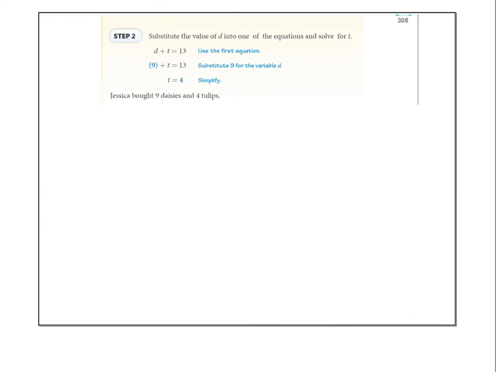So then they did what we've done in the previous problems. They substituted in the 9 daisies, and that meant that they had 4 tulips. And again, you can double check that 9 plus 4 is 13, and then if you plugged them into the second equation, you would see they also equaled the same amount. We're going to do one more together here.